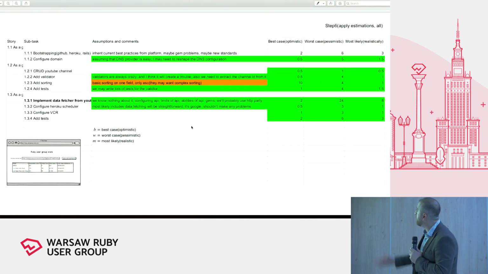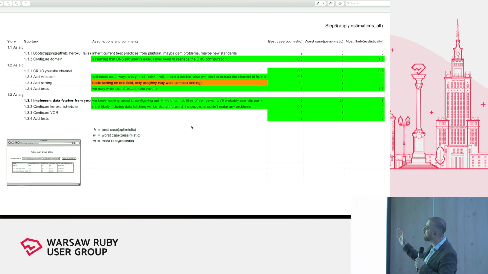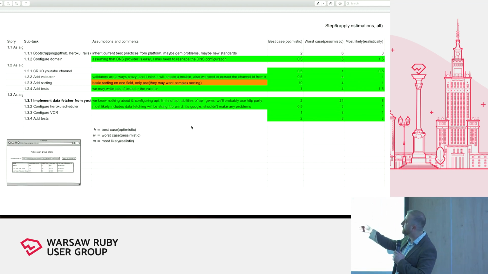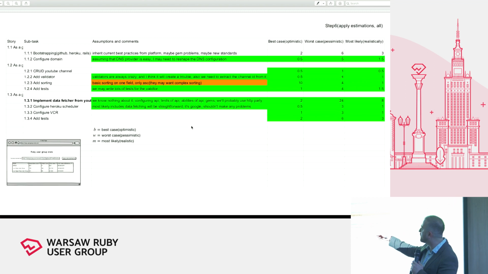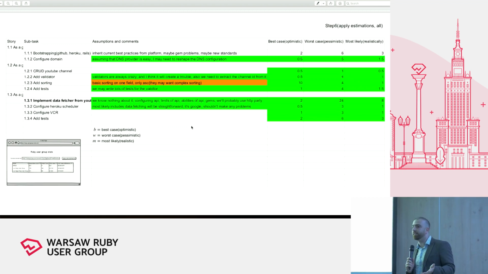And then I would apply estimation for all of them. I'm not going to focus on each of them, and those values are arbitrary, but still I try to make it in a way that would indicate some things. So let's focus on this third user story and the first subtask of this user story. Implement data fetcher from YouTube. I've never done that. I've seriously never done that.